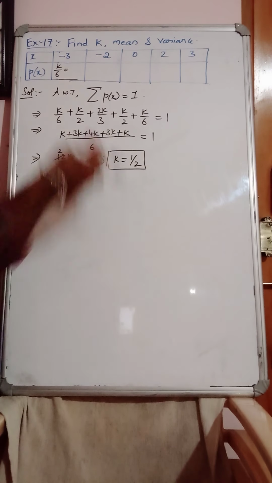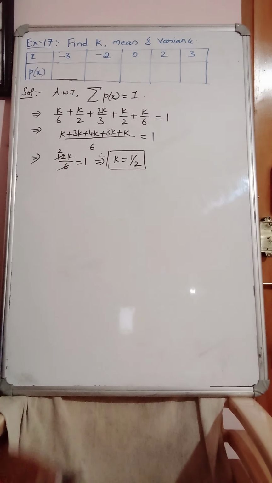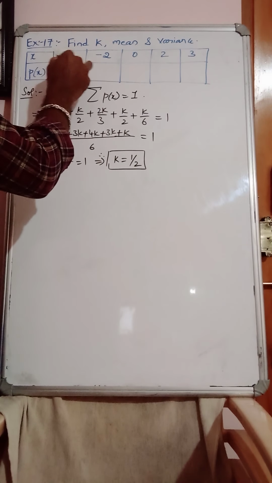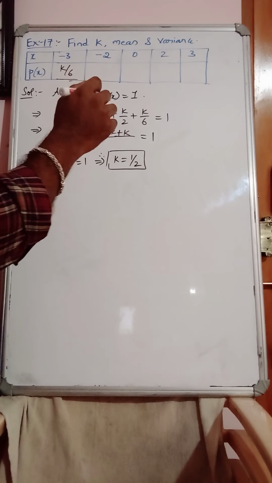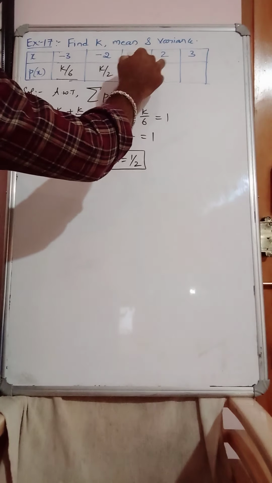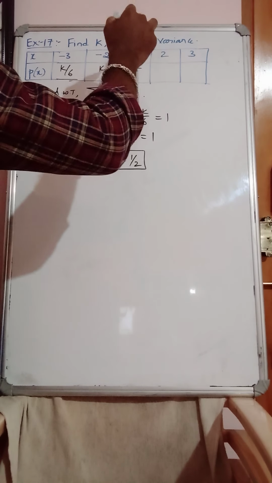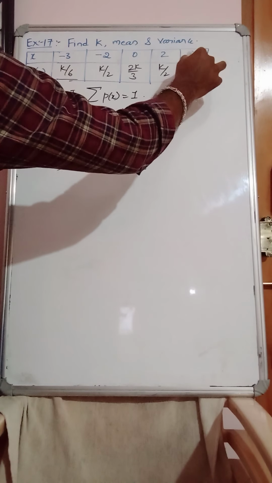Otherwise we do one thing. If you are having any confusion, let these values be like this only: k by 6, k by 2, 2k by 3, k by 2, and k by 6.